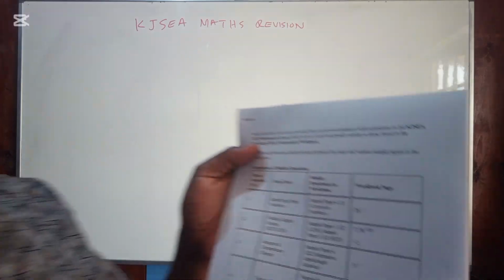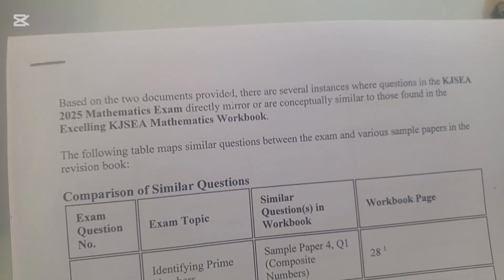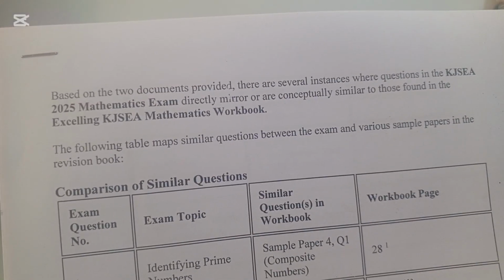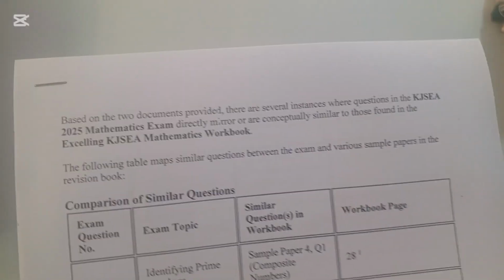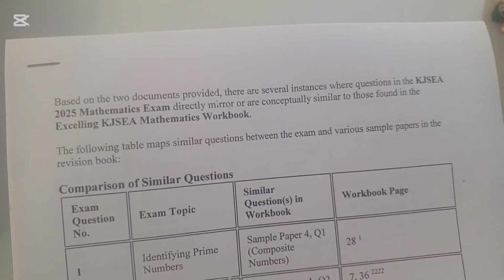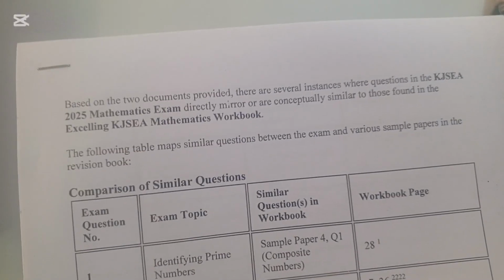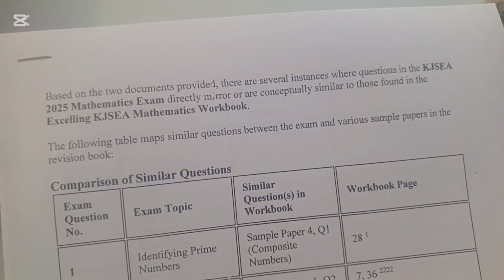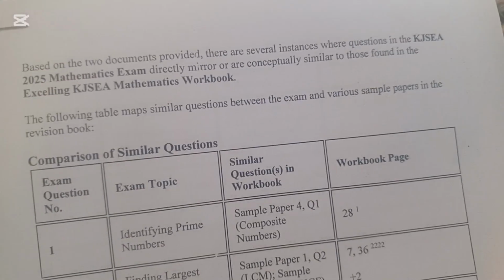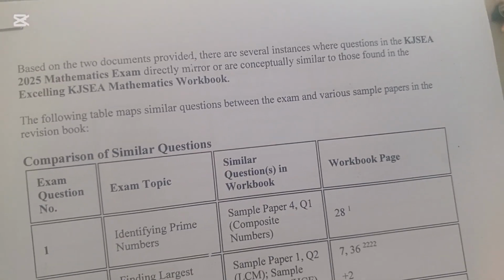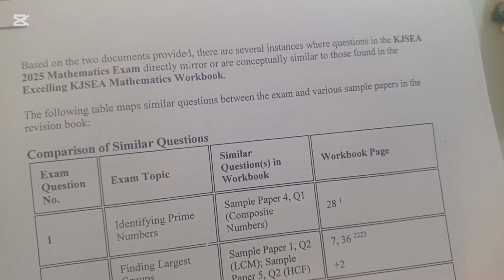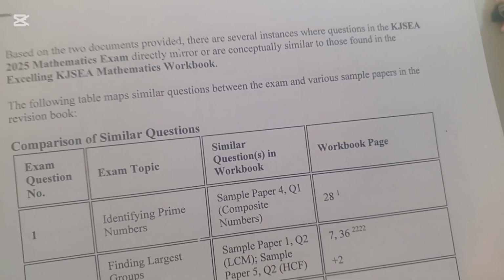First, it says, based on the two documents provided, there are several instances where questions in KJSEA 2025 mathematics exam directly mirror or are conceptually similar to those found in Excelling KJSEA mathematics workbook. The following table maps similar questions between the exam and various sample papers in the revision book.